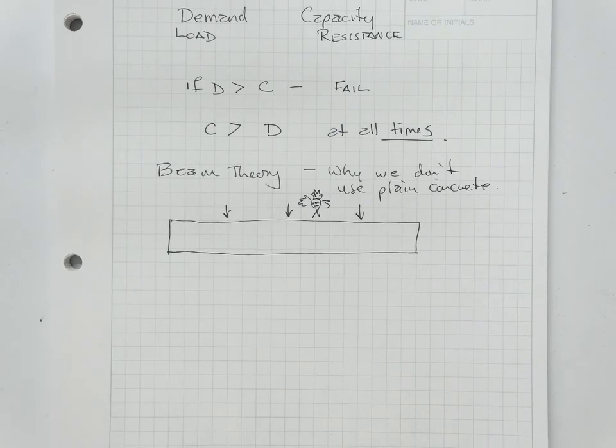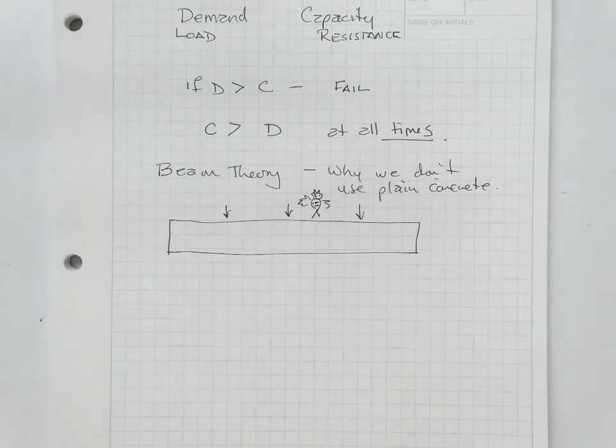That load causes generic loading in the beam. First thing it does is it causes shear, right? Shear is a cutting force. And we're going to assume for a moment that we're not worried about shear. It also creates a bending moment.